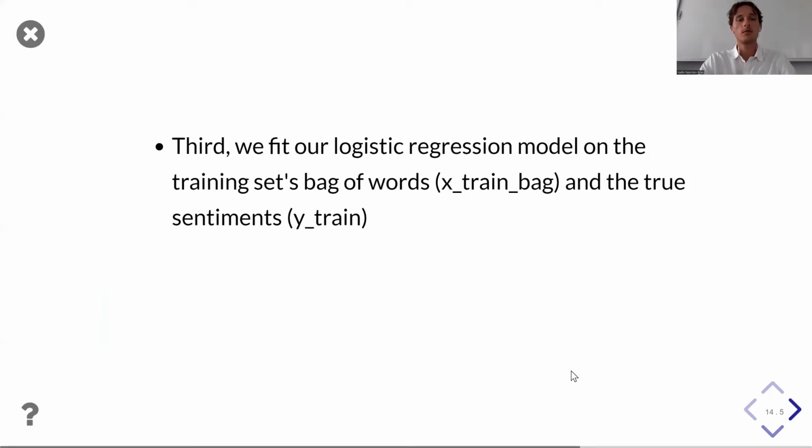Third, we're now ready to fit our logistic regression model on the train set's bag of words, so what we call X train bag, and fit it on the true sentiments, which was the Y train.